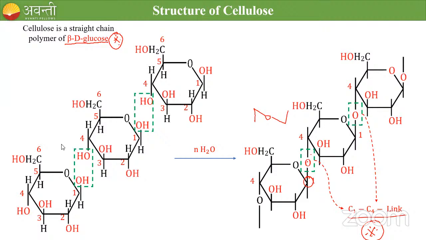Now let me go to the third polysaccharide, which is glycogen. Carbohydrates are stored in the animal body as glycogen.